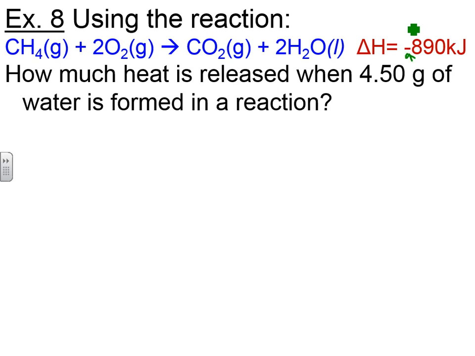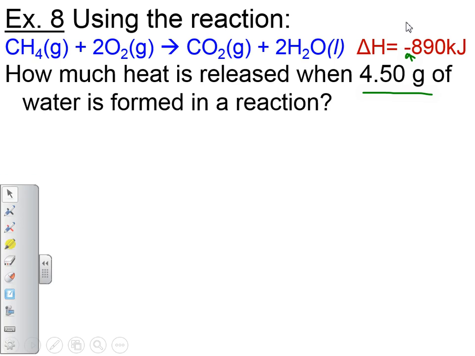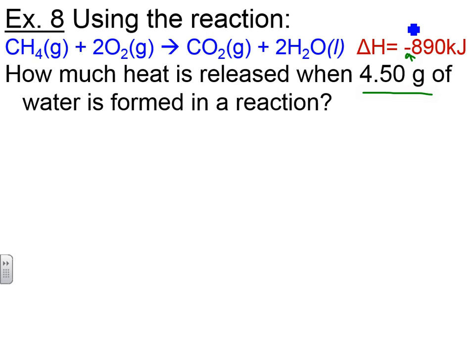So this will involve some stoichiometry. Stoichiometry never hurt nobody. So let's go ahead and try it here. What we'll do is begin with the 4.50 grams. This is 4.50 grams, in this case of water, H2O.